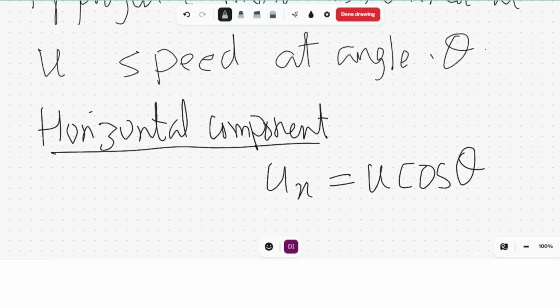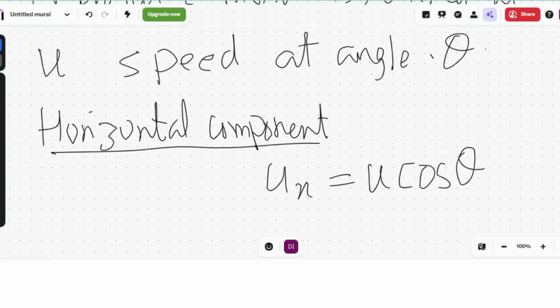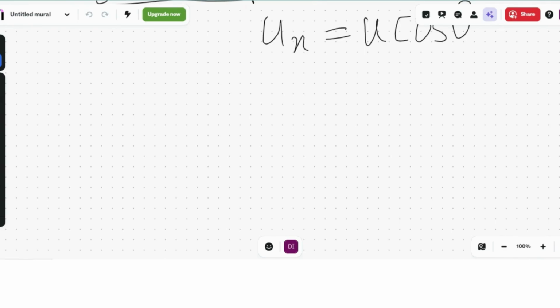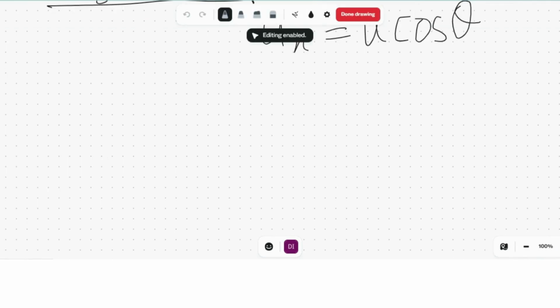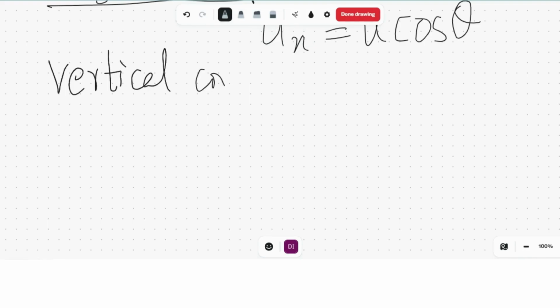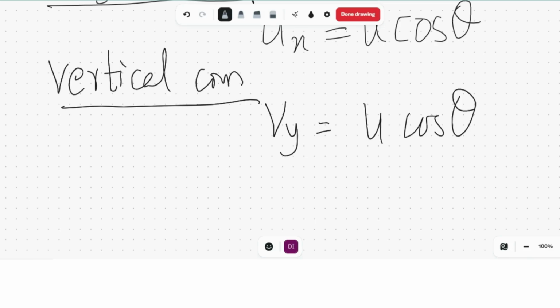Whereas the vertical component, I will just write vertical here, is Vy equal to u sin of theta, or uy or Vy.